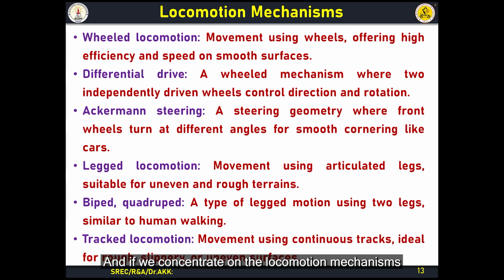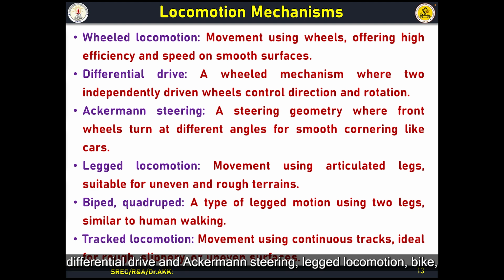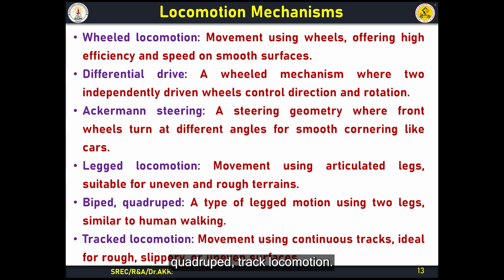And if we concentrate on the locomotion mechanisms in the mobile robot, we can exhibit a number of locomotions, as stated: wheeled locomotion, differential drive, and Ackermann steering, leg locomotion, biped and quadruped, track locomotion. If you see about the wheel locomotion, this is movement using wheels, offering high efficiency and speed on smooth surfaces.